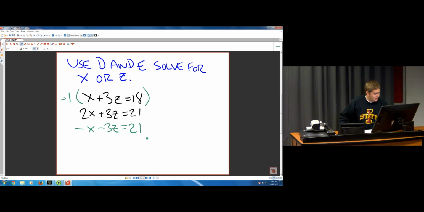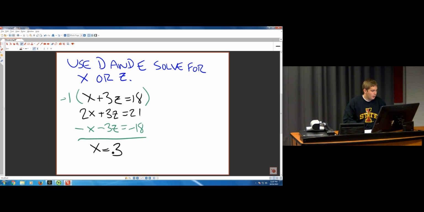Now when we add those together, we're going to get that x is equal to, I lost a negative here, that's alright, we want that to be -21, or -18. So we get that x is equal to 3.